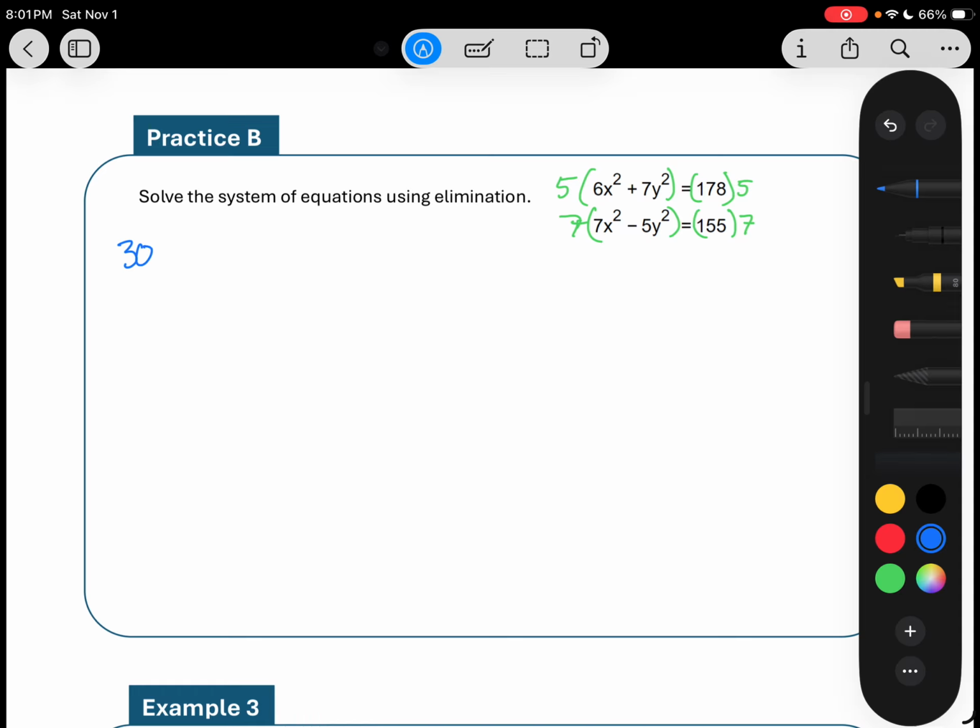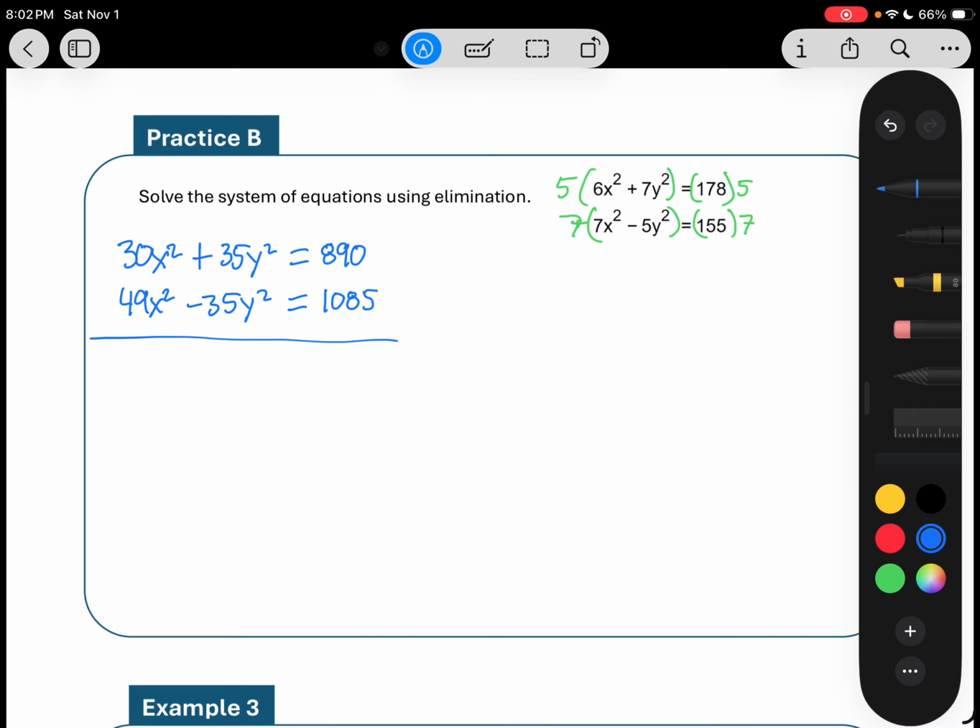So if we do that, we'll have 30x squared plus 35y squared is equal to 890. And the bottom equation, 49x squared minus 35y squared, that's how those are going to get eliminated. It's equal to 1085.